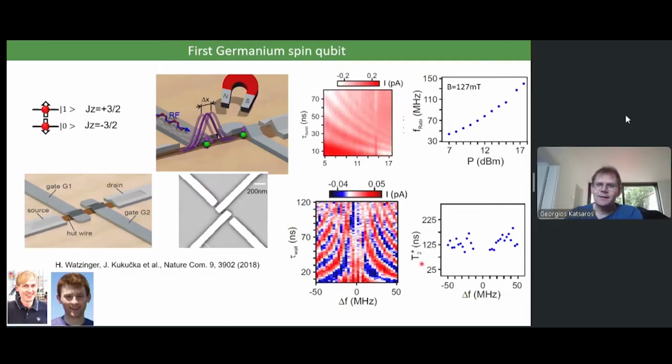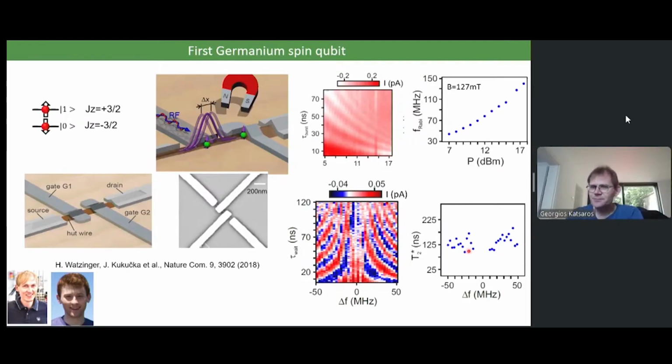And then by doing a Ramsey experiment, we could measure the dephasing times, and we could reach dephasing times close to 200 nanoseconds. So that was a very encouraging thing to realize that indeed our system has strong spin-orbit, but our dephasing times are already 10 times larger than what you get in III-V materials.